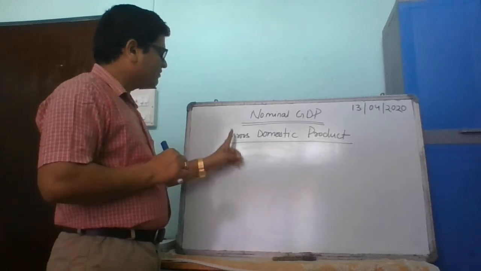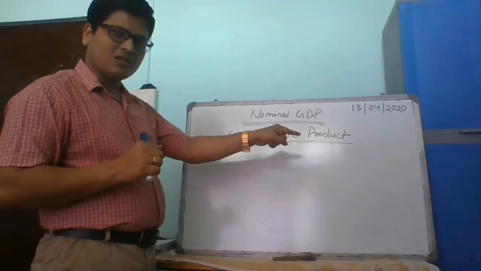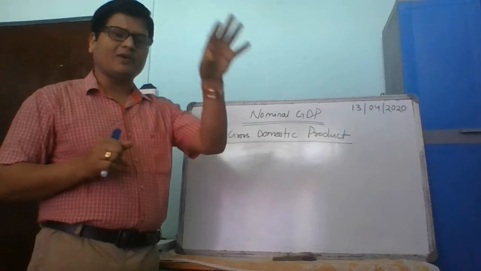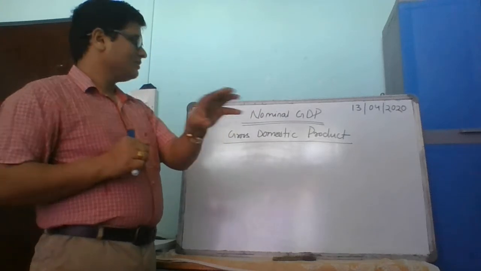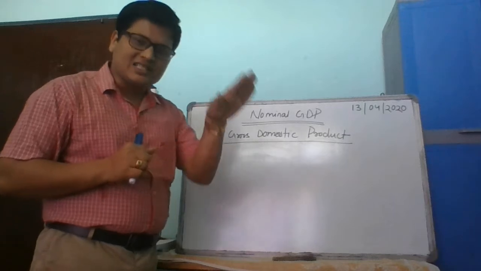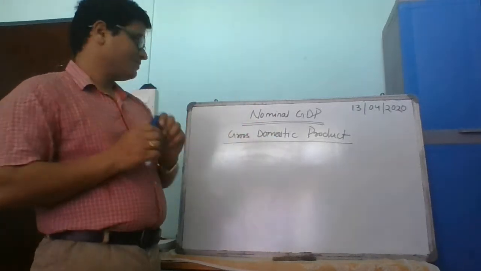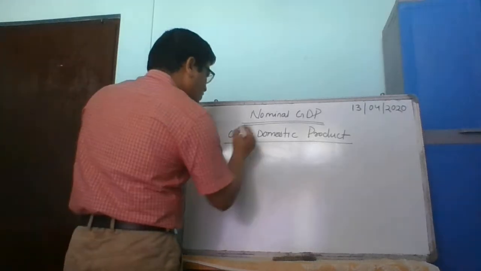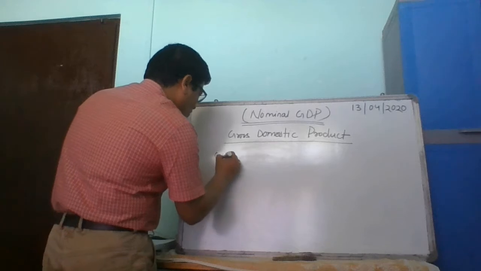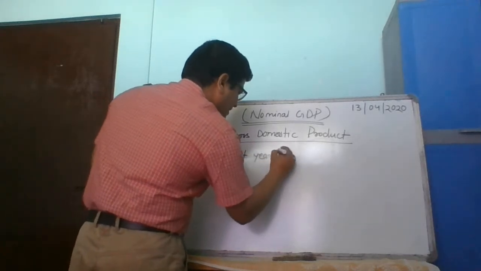The market value of all final goods and services produced in the domestic territory of a country during an accounting year estimated at the current year price. So nominal GDP is calculated at the current year price.